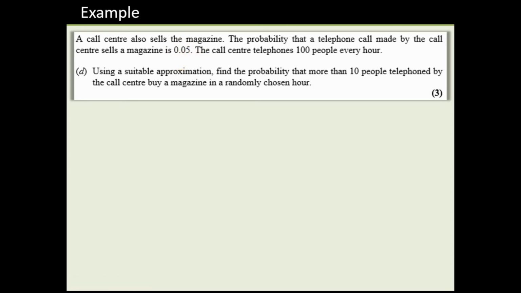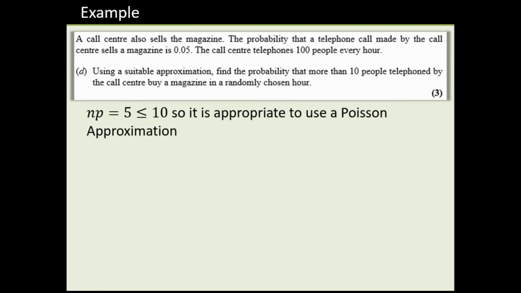So it suggests that a Poisson approximation is going to be suitable, and we can check that by working out np. In this case, np is equal to 5. That is less than or equal to 10, so that passes the test we use, and we can say that it's appropriate to use a Poisson approximation.